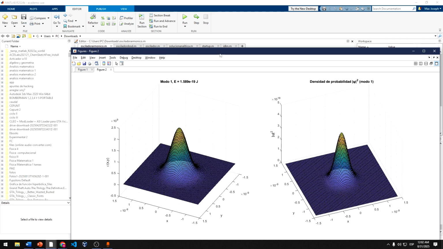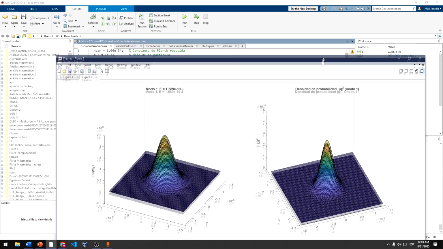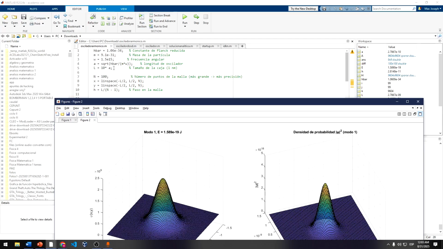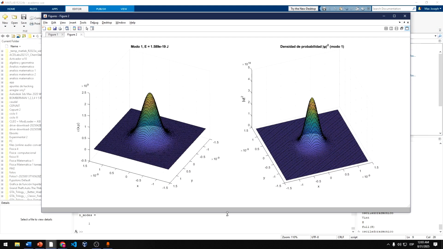Casi a 1 o 2 o 0 punto tanto. E incluso he tenido errores de por 10 a la menos 3 o 4.